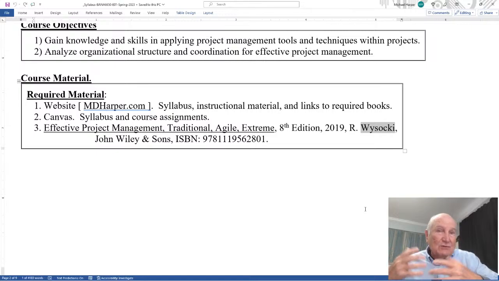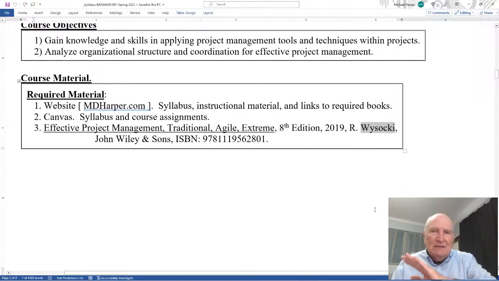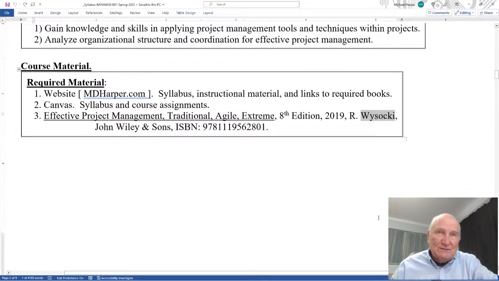He goes into depth, and I will be a little bit more specific when I go through. I will go deeper in some areas than he does, and he'll go deeper than I do in other areas. But together, you get a really good view of project management within business.